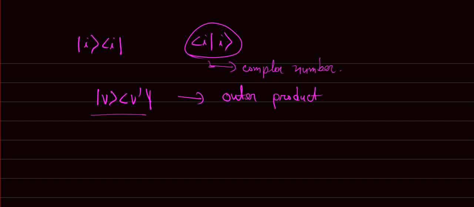Now we have seen the matrix elements of linear operators. Now we want to see how to represent the matrices corresponding to products of operators.